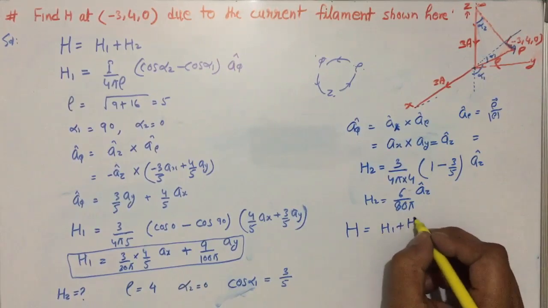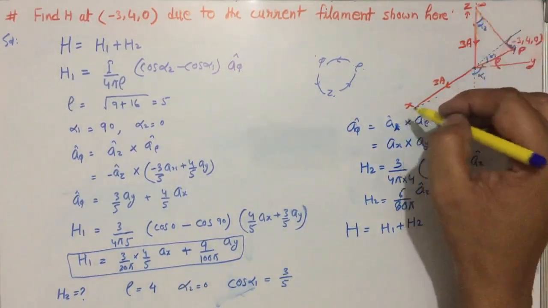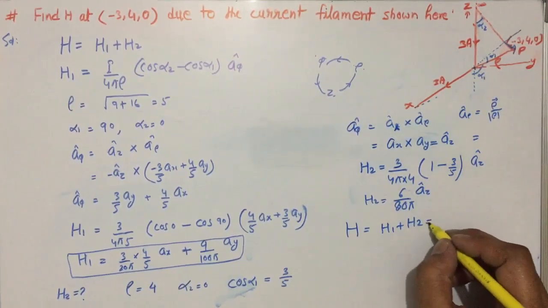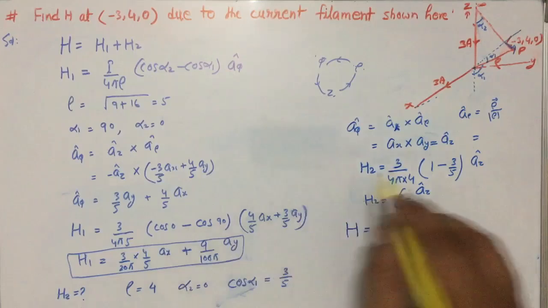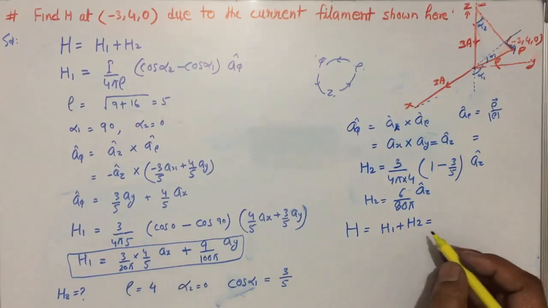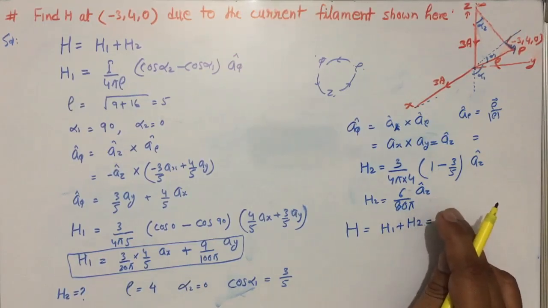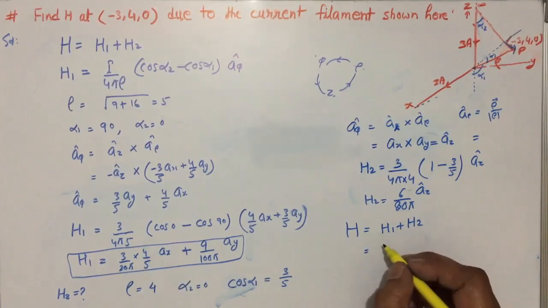That will be the net magnetic field at this point due to this arrangement of the current. So it will be just addition of this and this. It is not possible to solve it now, you can write it by your own.